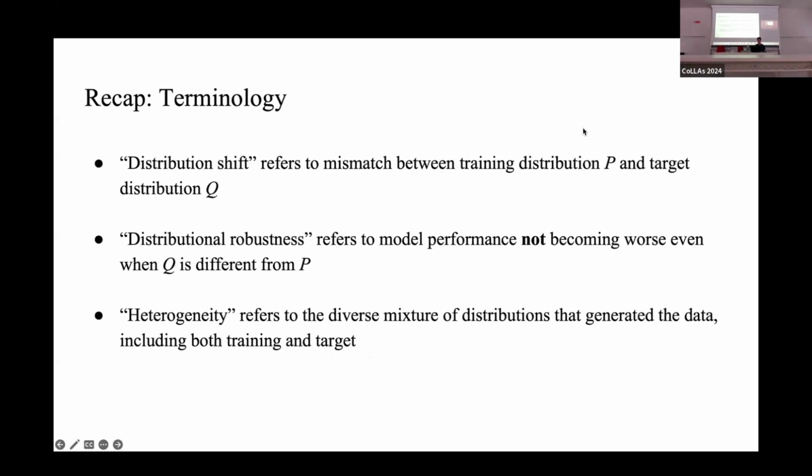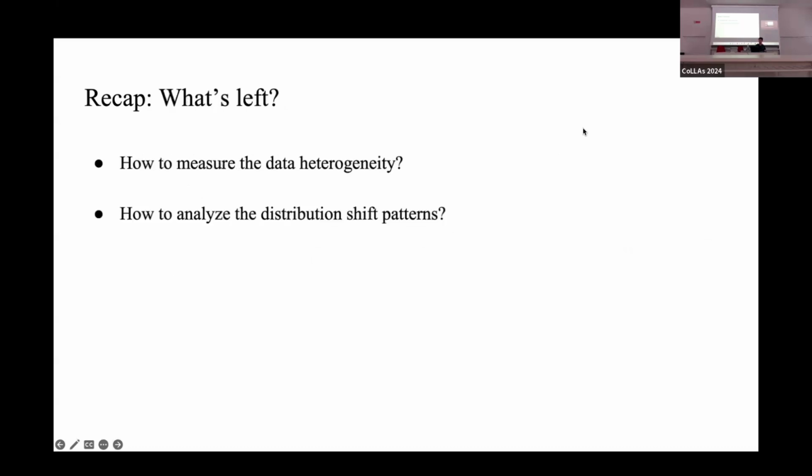Shift refers to the mismatch between the training distribution P and the target distribution Q. Distributional robustness refers to model performance not becoming worse even when Q is different from P. Heterogeneity refers to the diverse mixture of distributions that generates data, including both training and the target.